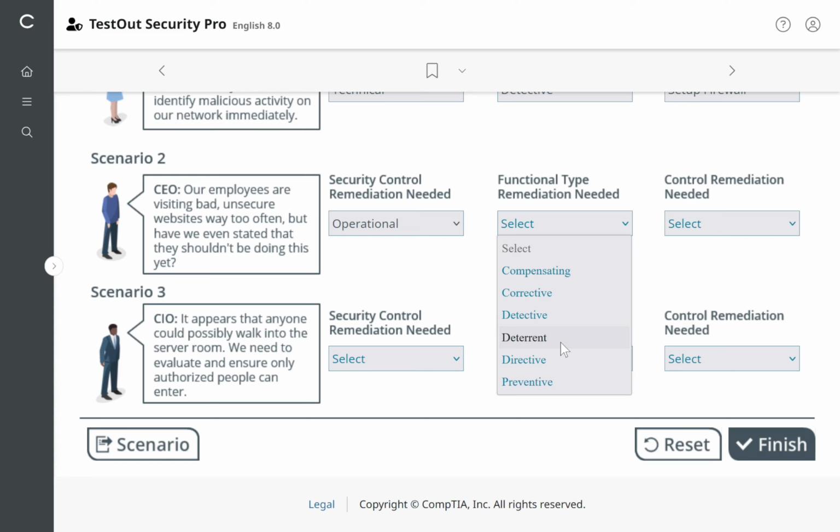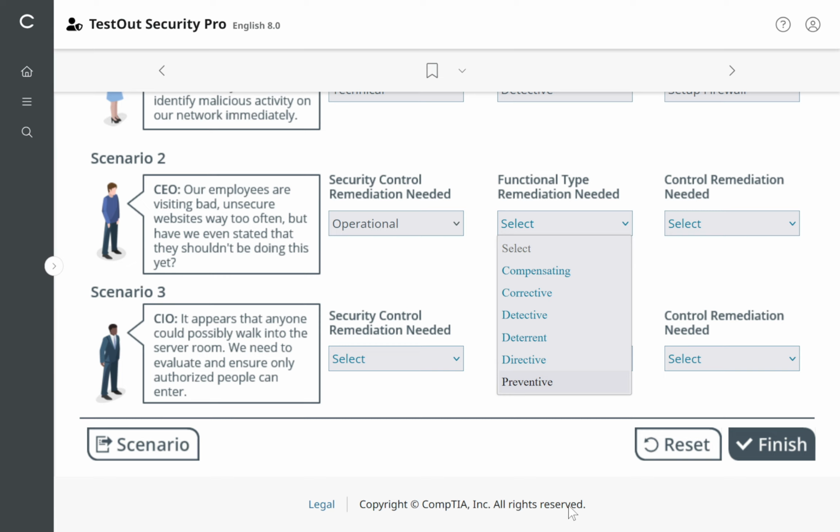So the case originating from the manager is that, have we even stated that they shouldn't be doing this yet? So is this going to be compensating, corrective, detective, deterrent, directive, or preventive?